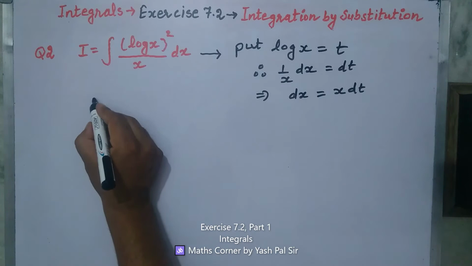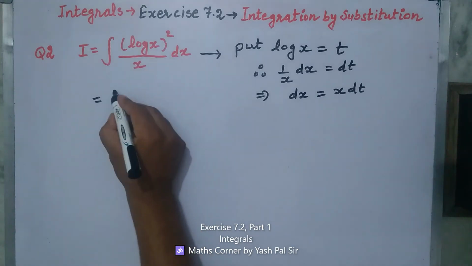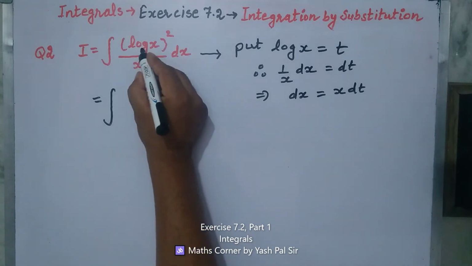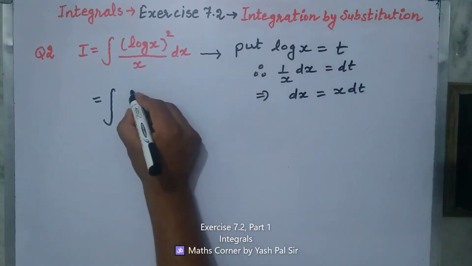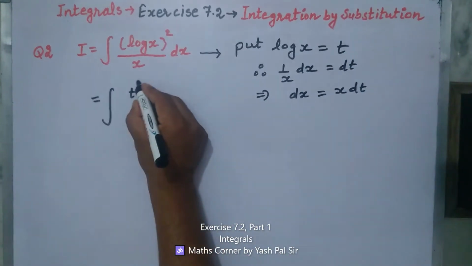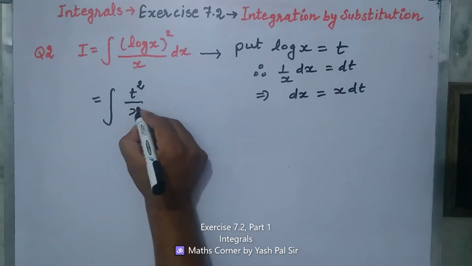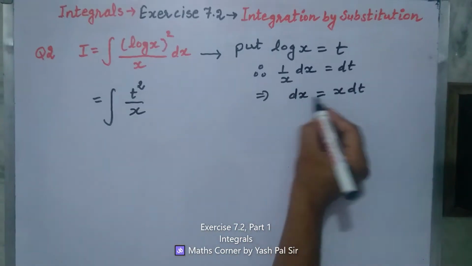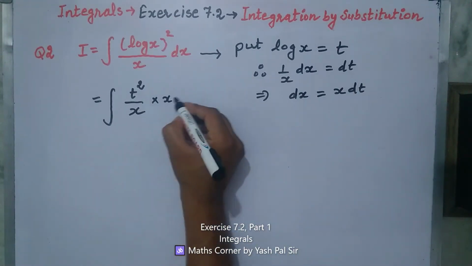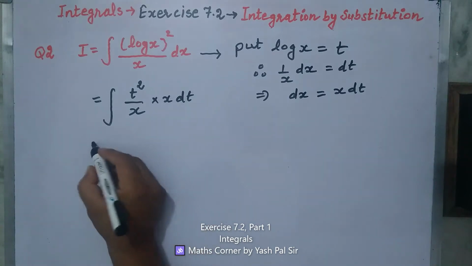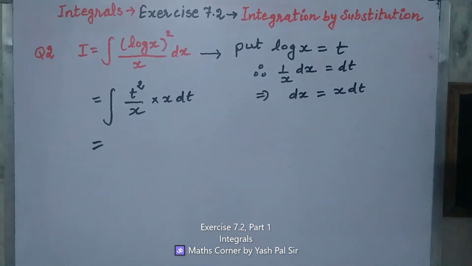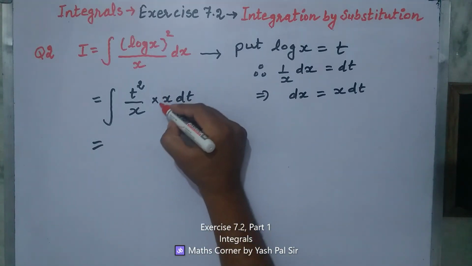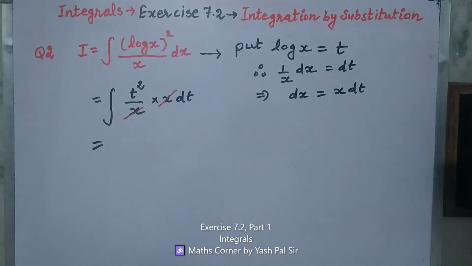So what happens here, this is equal to the integration of (log x, meaning t) whole square divided by x into dx, meaning x into dt.